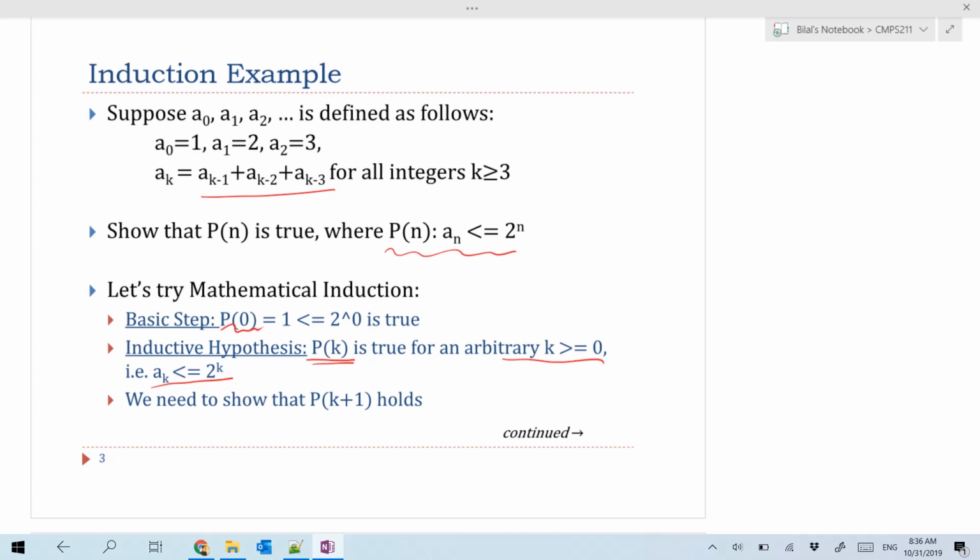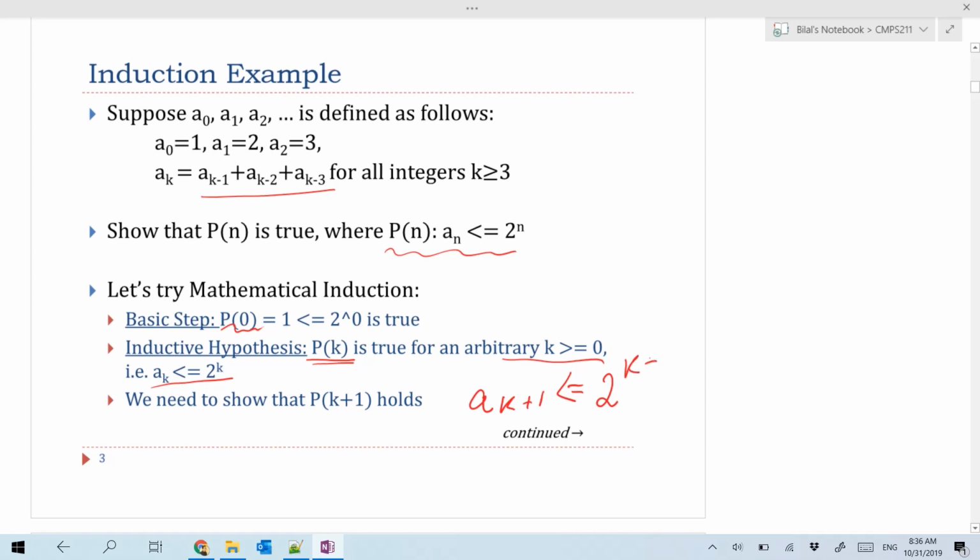The property for k plus 1 is the following: a_{k+1} is less than or equal to 2 to the power k plus 1.